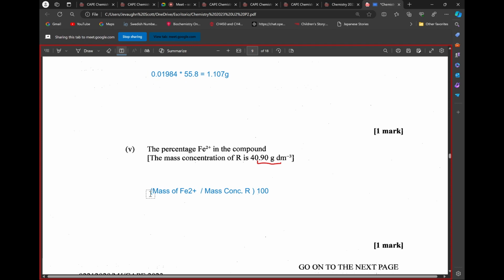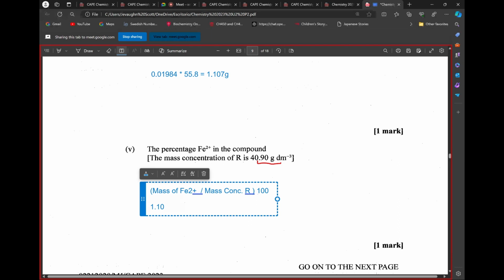And now this specifically should be the 1. Oh no, that's wrong. 1.107, and that would be divided by the mass concentration, which is 40.90.